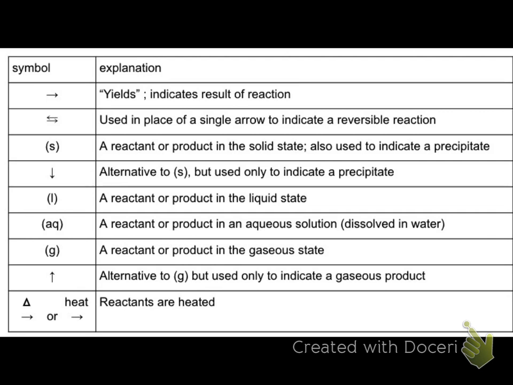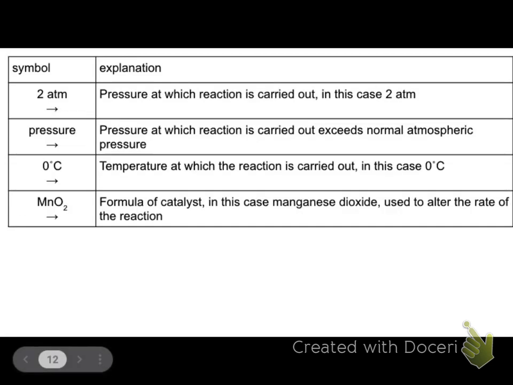Most of the rest of the symbols we're going to look at involve some sort of indication about what condition the reactants need to be in order for the reaction to happen, and that information is almost always placed above the arrow. Okay. So, if there is a specific pressure that you need to put the reactants in order for the reaction to happen, they will put that pressure above the arrow.